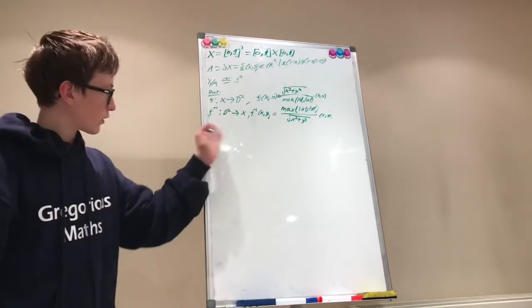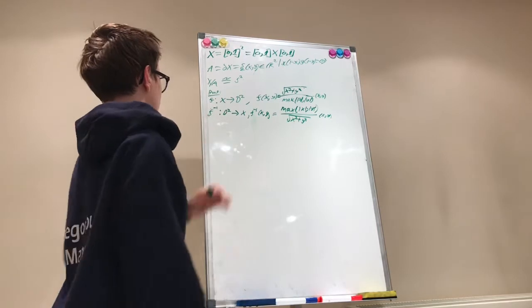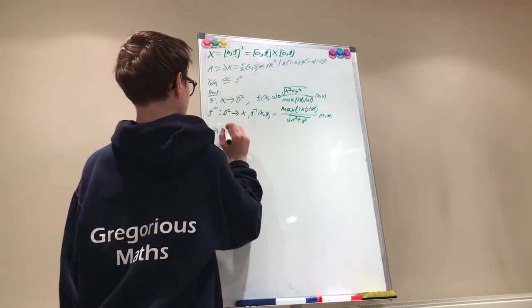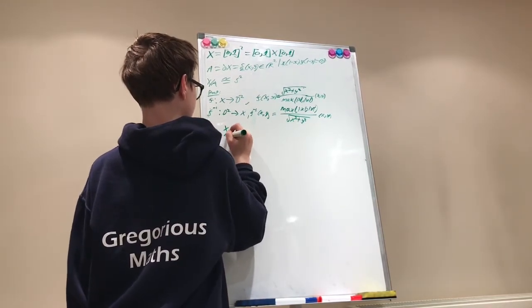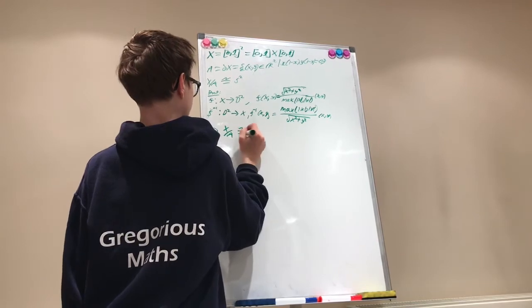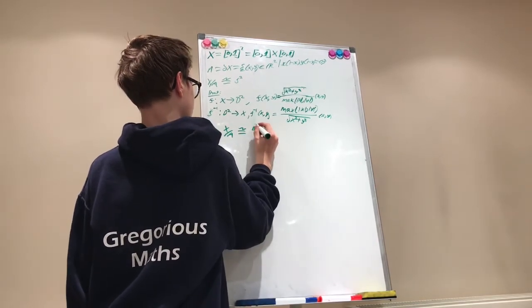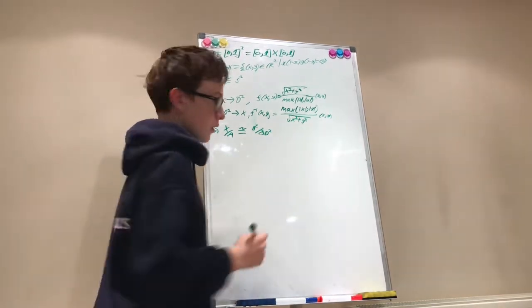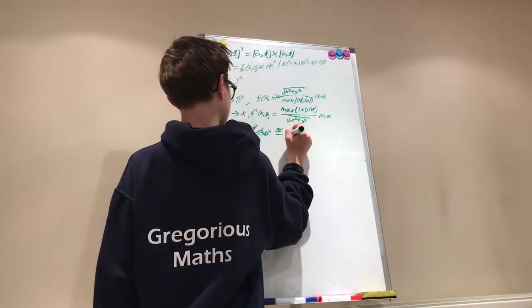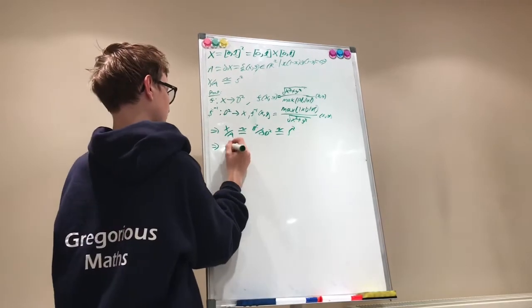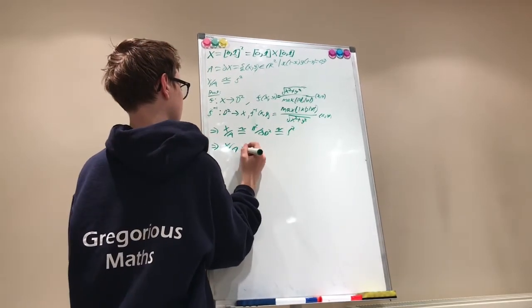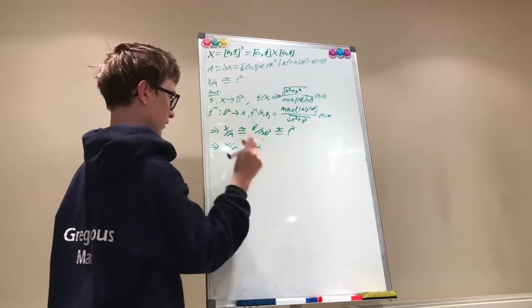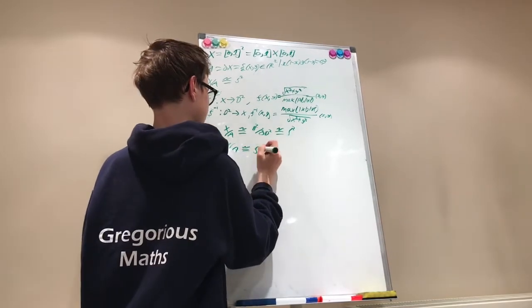Okay, so it's continuous, thus X mod A is homeomorphic to the two-disk mod the boundary of the two-disk, which is homeomorphic to the two-sphere, and therefore X mod A is homeomorphic to the two-sphere.